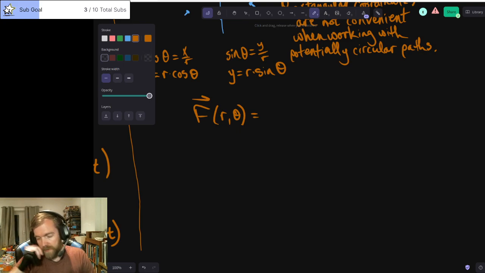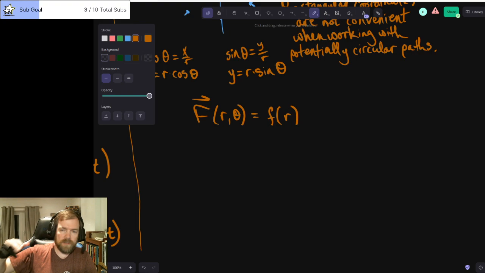If we do it in terms of r and theta, there is going to be a function f of r, which describes the magnitude of the force at any particular location in space.